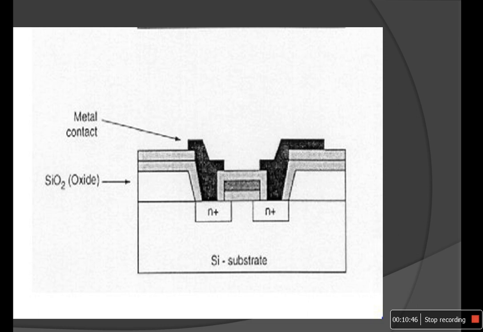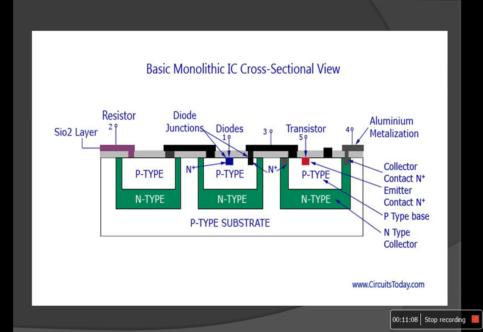It acts as a barrier against contamination, and after that the various diffusion and ion implantation processes are done, and after that the metal contacts are placed. This is the basic monolithic IC cross-sectional overview. Here we have p-type and n-type material, aluminium metallization, and different types of diode junctions, resistors, and transistors are placed.